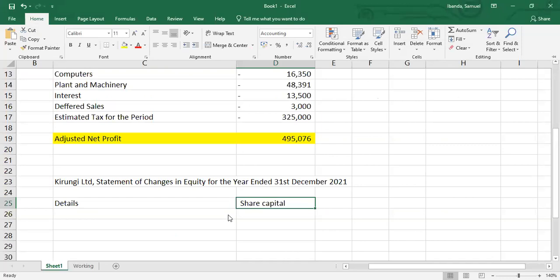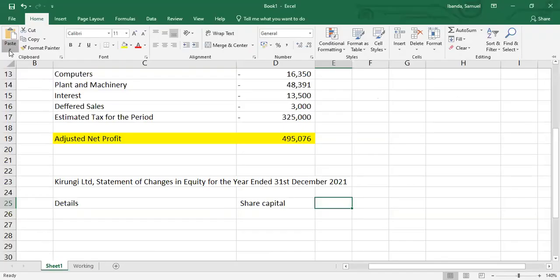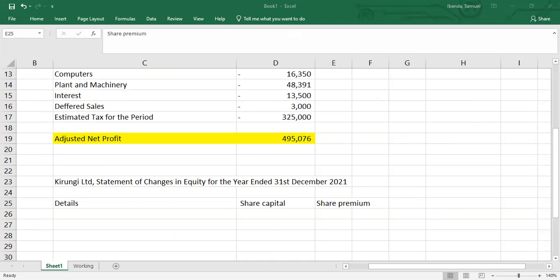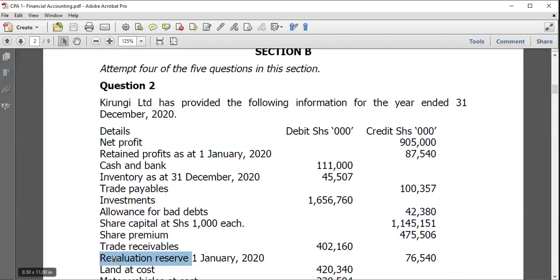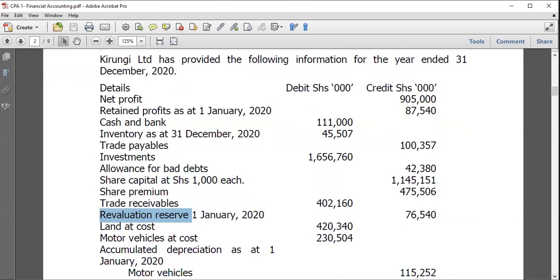Now, the next column we shall definitely have is the share premium column. Next we also have revaluation reserve. From the information we've been provided, we have a revaluation reserve, which is also an element of equity, so I'll put it in another column.